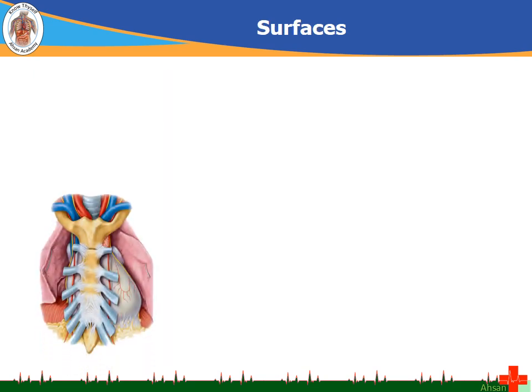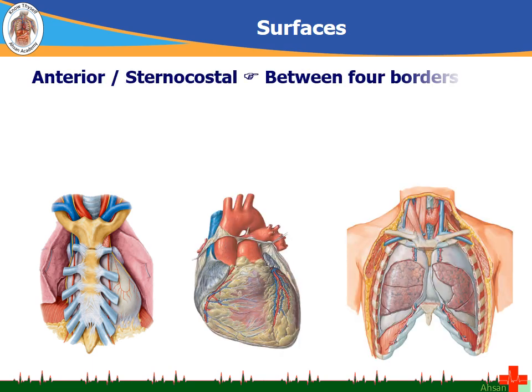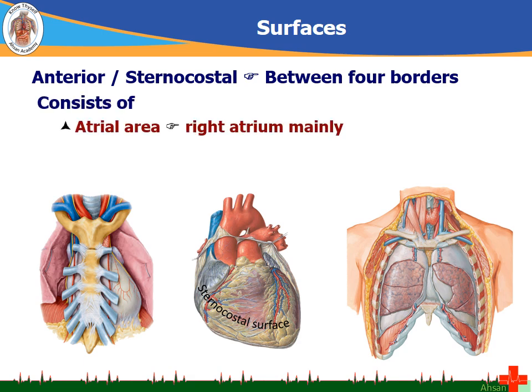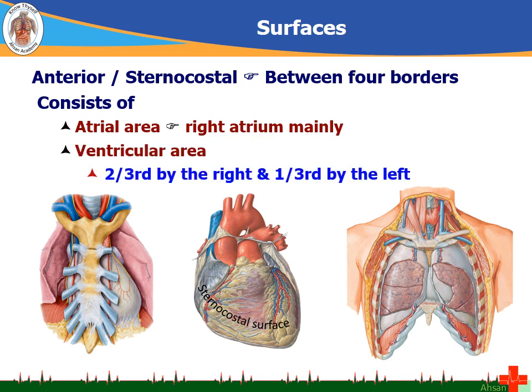Let us discuss the surfaces. You can see the figure. The anterior or sternocostal surface is indicated in the middle figure. This consists of the atrium, that is the right atrium, then the ventricular area, which includes 2/3 by the right and 1/3 by the left ventricle.